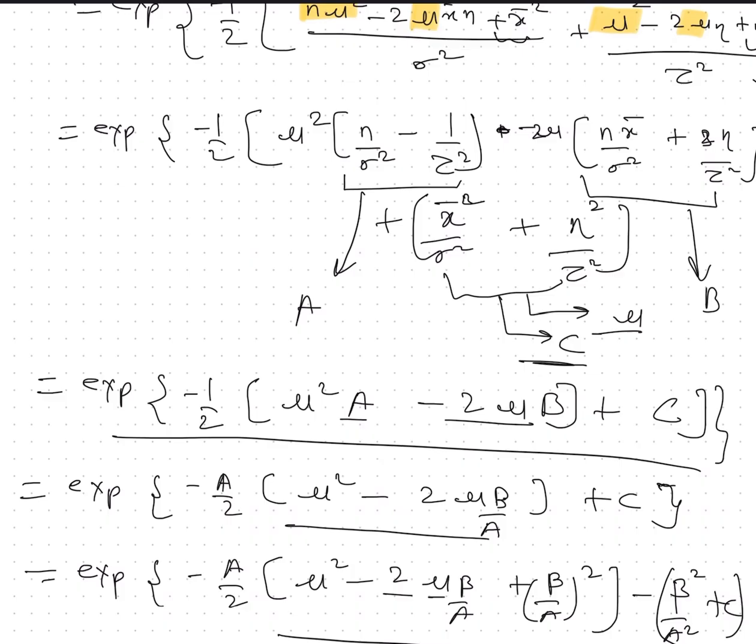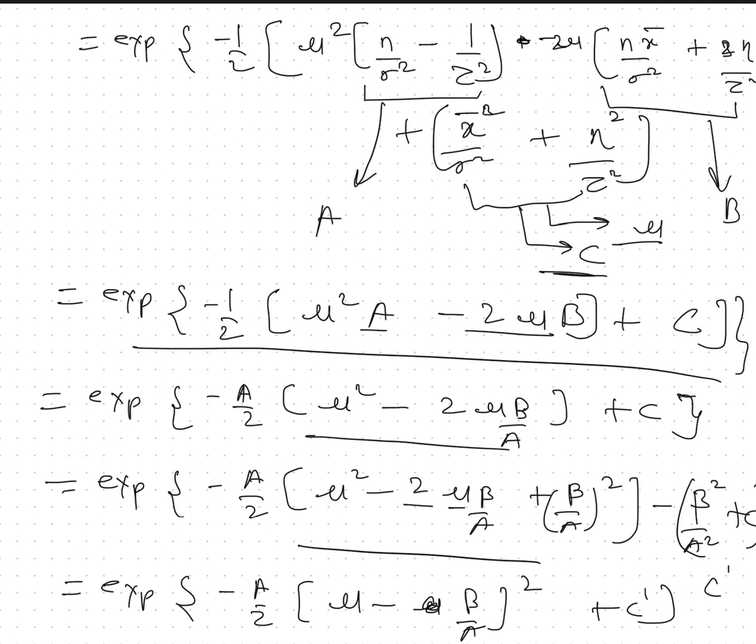So now this, a upon 2 times mu minus b upon a, resembles the normal distribution with mean b upon a and variance 1 upon a.